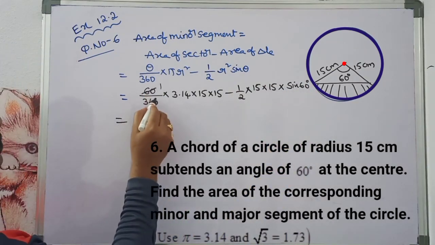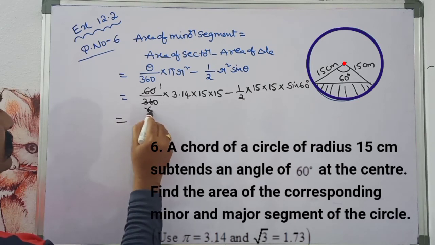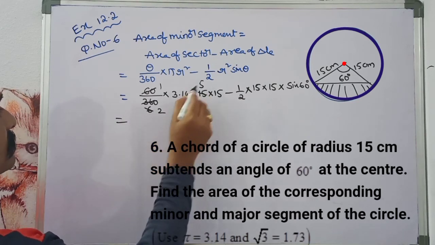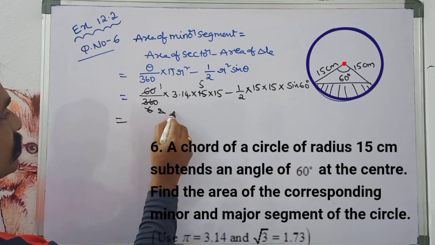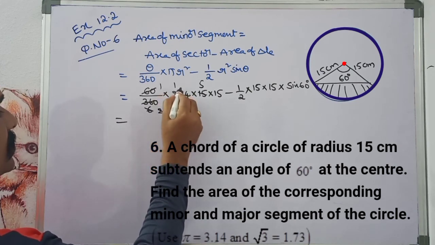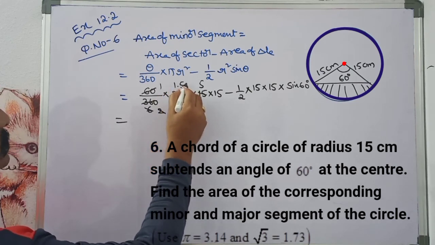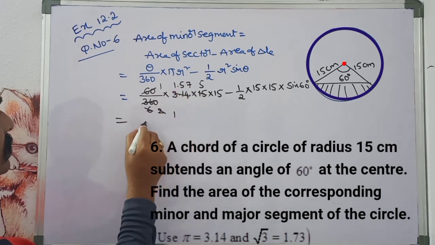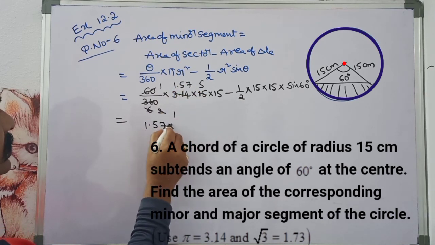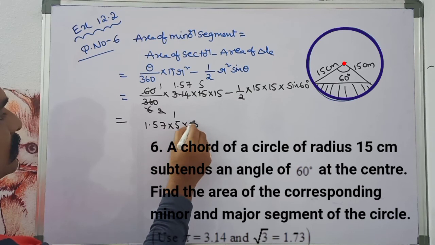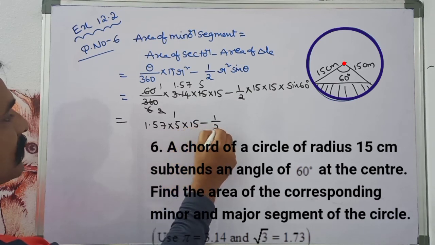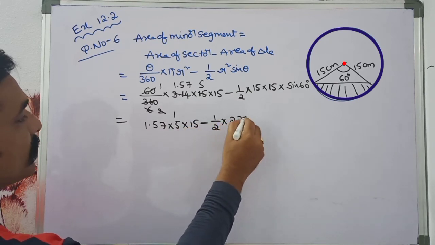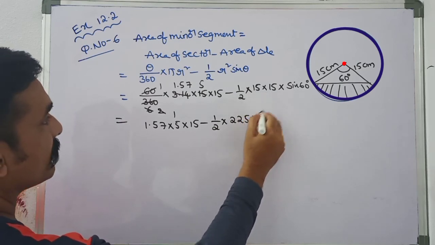Now 60 goes 6 times, 3 twos, 3 fives. So 1.57 into 5 into 15, minus half into 225. 15 into 15 is 225.